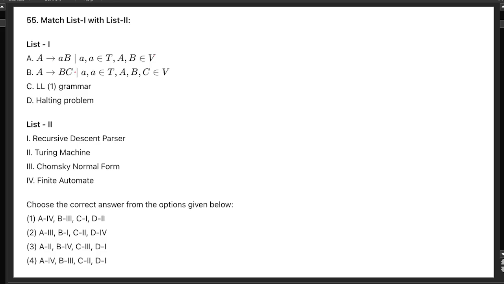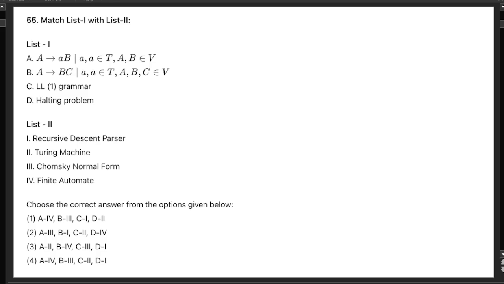Here A belongs to BC, and A is terminal, ABC belongs to variable. This is LL1 grammar and this is the halting problem. List 2 is recursive descent parser, Turing machine, Chomsky normal form and finite automata. Choose the correct answer from the given options below. So here we have to match the things.